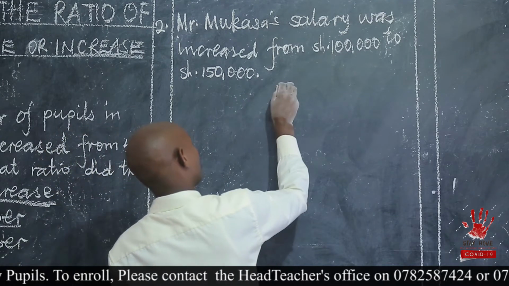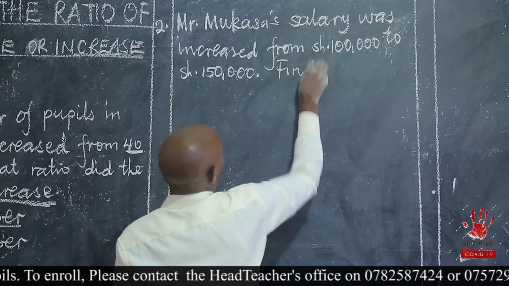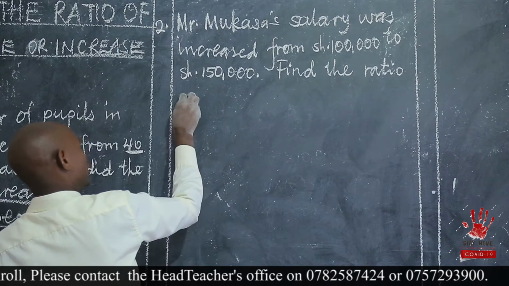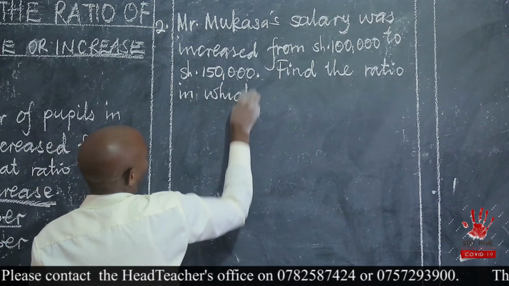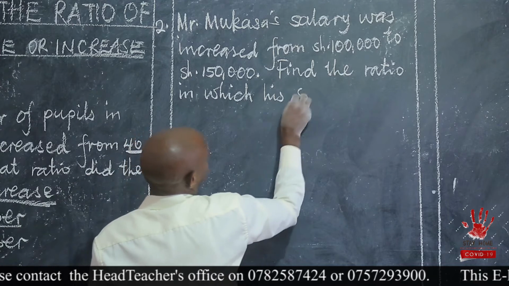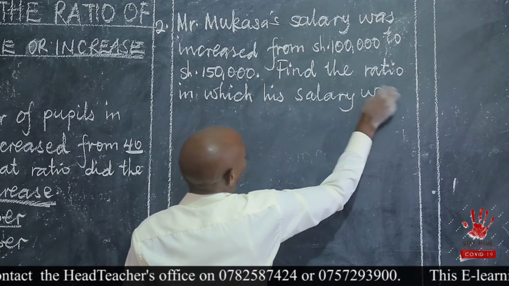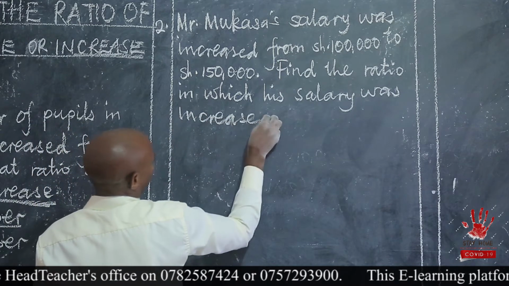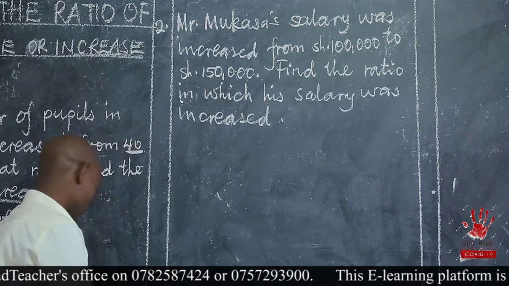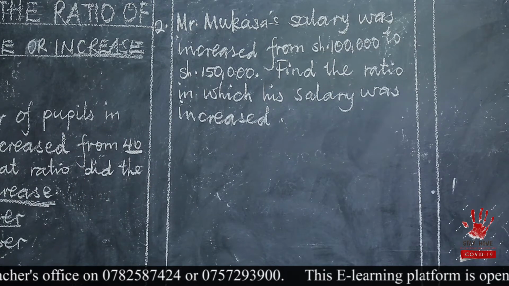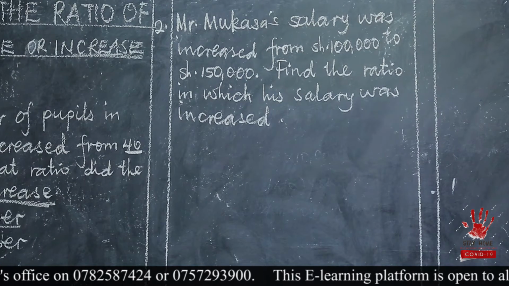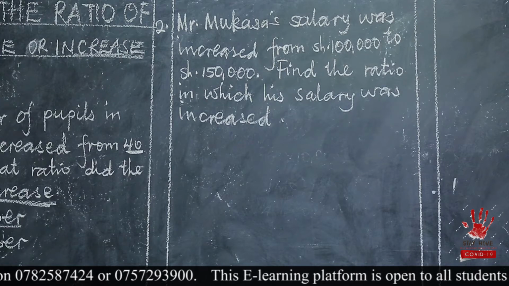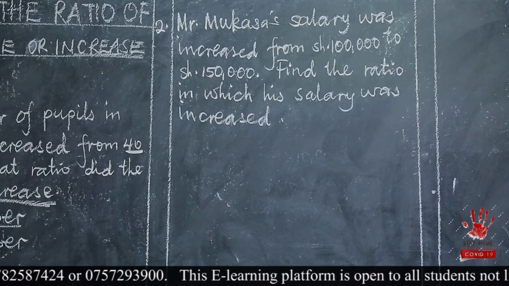So the question is, find the ratio in which his salary was increased. Mr. Mukasa's salary was increased from 100,000 shillings to 150,000 shillings. Find the ratio in which his salary was increased.